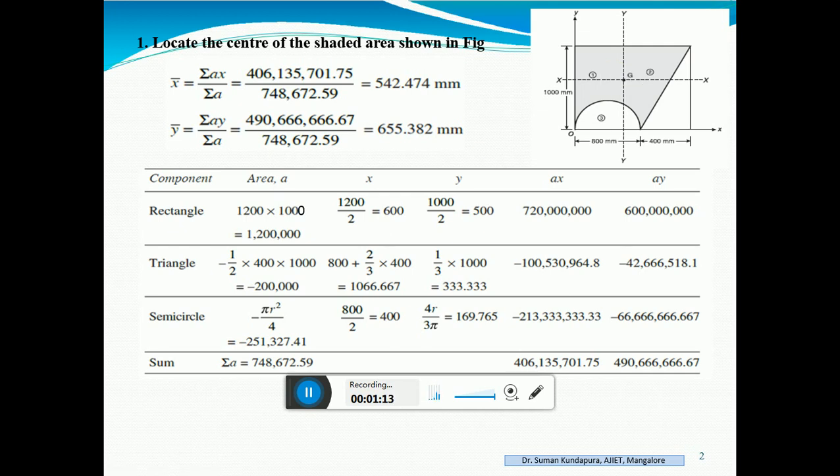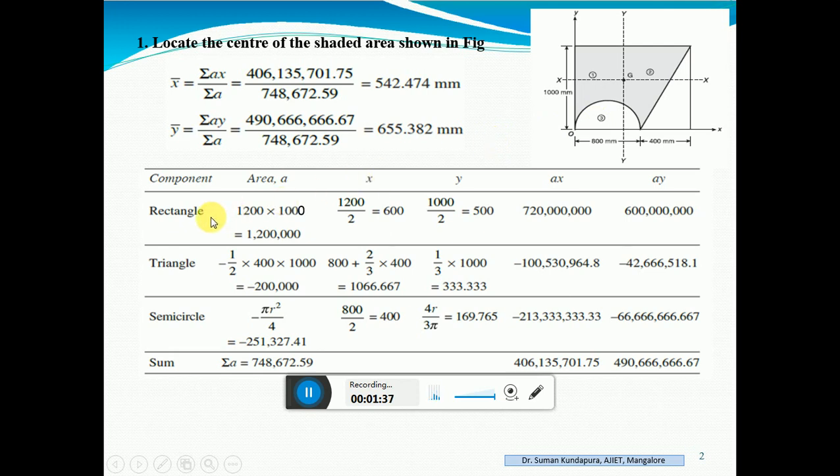What I will do is I will consider the entire thing as a rectangle whose area is 1000 into 1200, and later I will deduct the semicircle as well as the triangle from this. So let us start by considering this rectangle as first, this triangle as second, and this as the third figure.